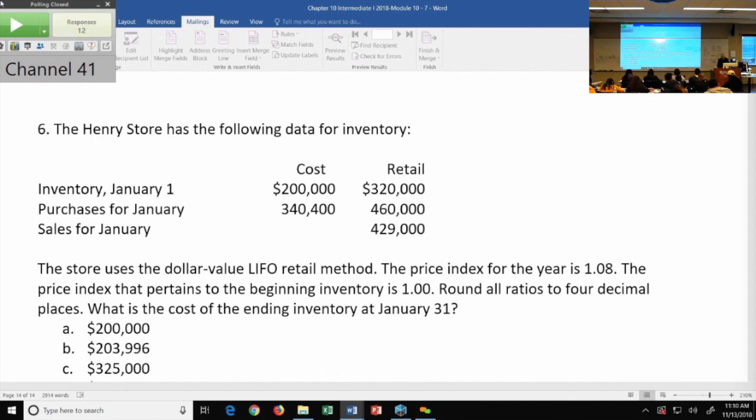Okay. That should work. And the ratios then should be 625 and 0.747. So the answer should be B.